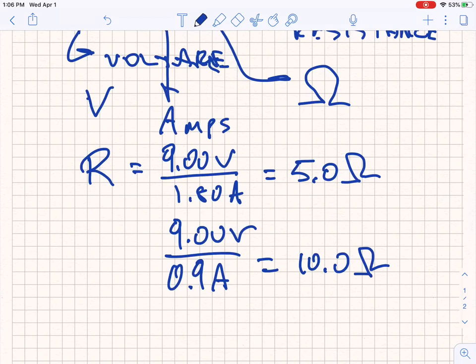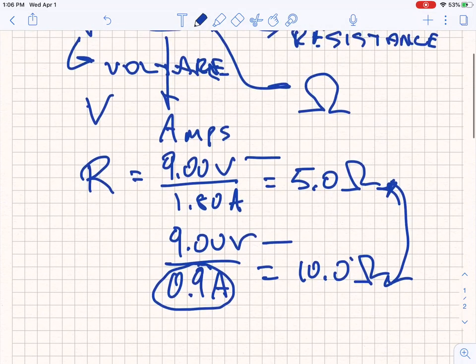So what's happening here is that if I increase the resistance, I have less current flowing through the circuit, okay? Basically that resistance is making it harder and harder to get those electrons through. Therefore, I have less and less charge or coulombs per second flowing through. So here's what's important here, kids. I'm keeping the voltage the same, and I'm increasing the resistance. As I increase the resistance, my current goes down.